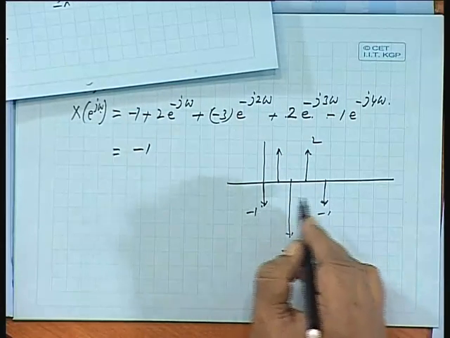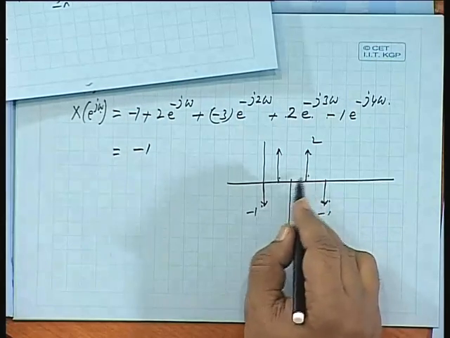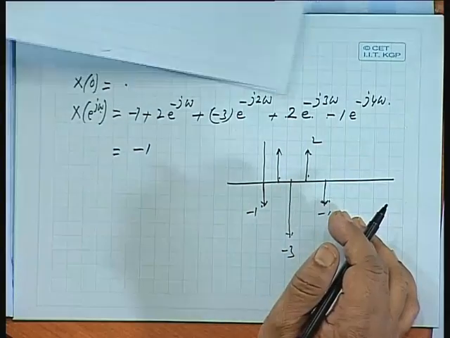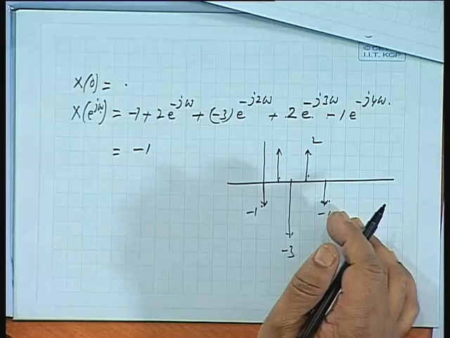If I pair this and this, this and this, then it will be very simple.